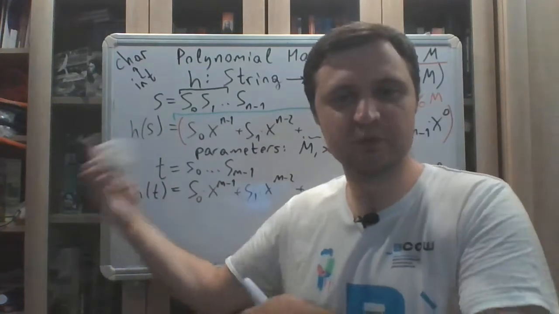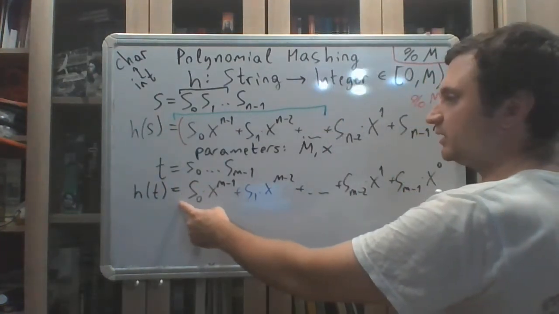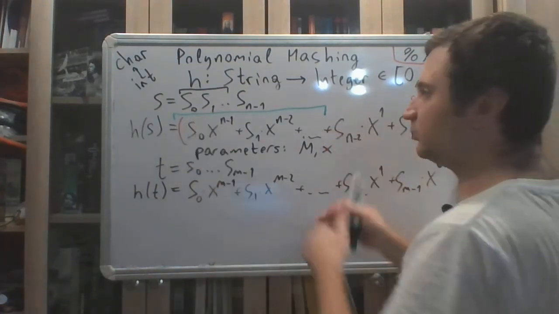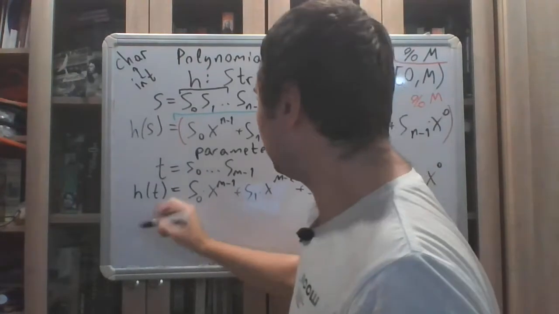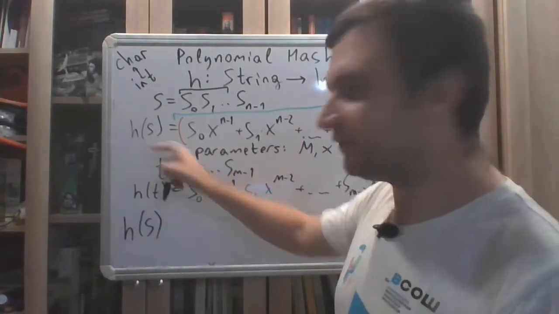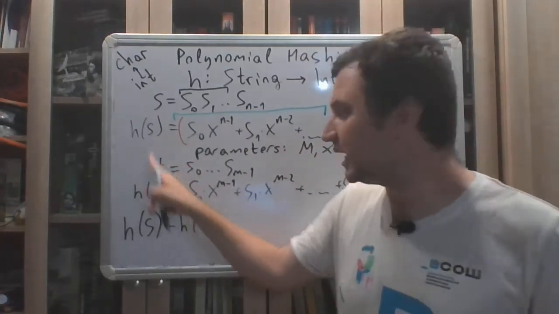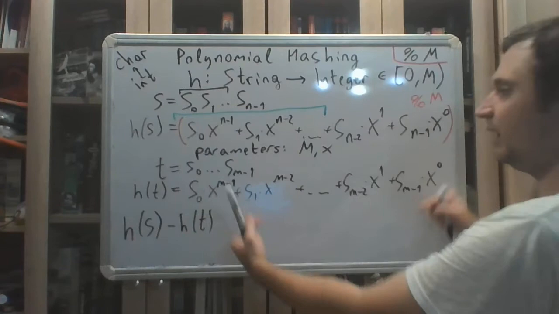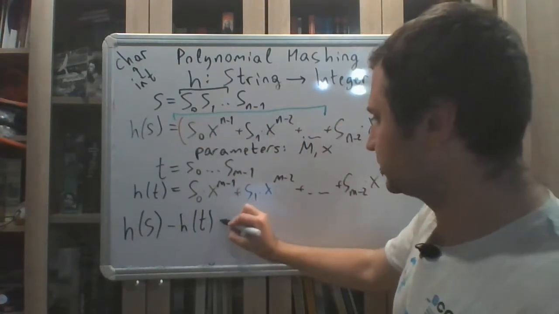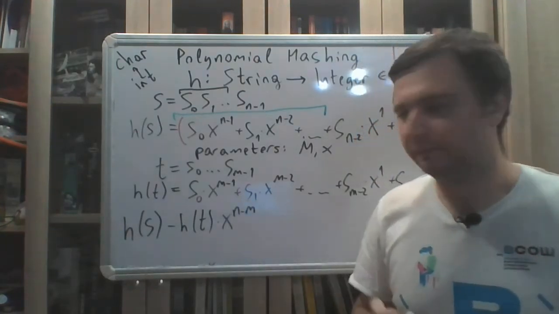It can be told the other way, but let's do it this way. A prefix can be multiplied by x to the power n minus m and can be seen over here. So let's subtract from the hash of string s this polynomial multiplied in such a way that we receive exactly these terms. So we multiply it by x to the power n minus m.